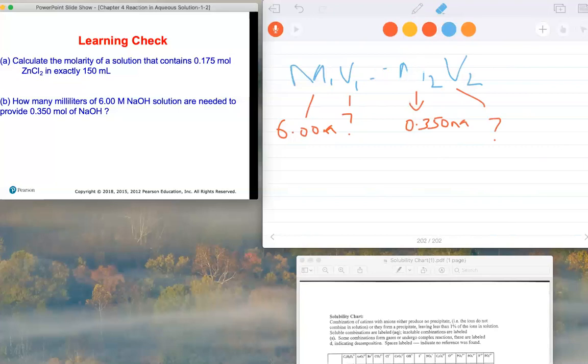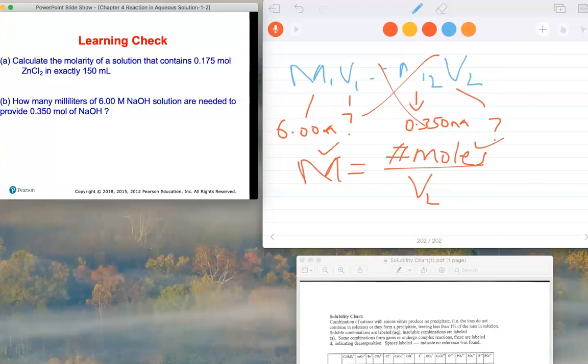This is not a dilution law, but we are going to use this. Molarity equals number of moles over volume in liters. We have the molarity, we have the moles, and we have the volume to find.